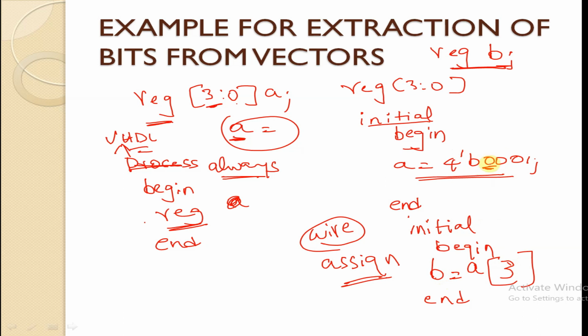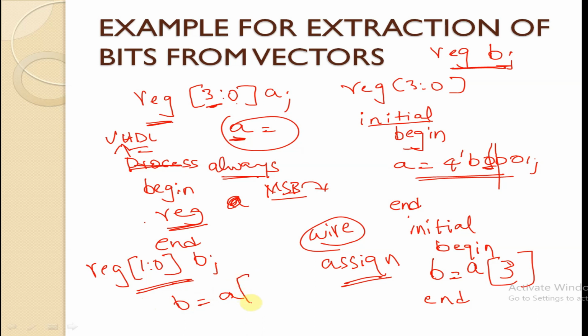Like this, if we want to slice the register, we can slice like this. Slicing means extracting a single bit. Or if we declare a register of 2 bits, reg 1 down to 0 B, that is, B can store 2 bits, and if we want to slice the value from the MSB followed by another bit, then we will assign B equal to A of 3 down to 2.